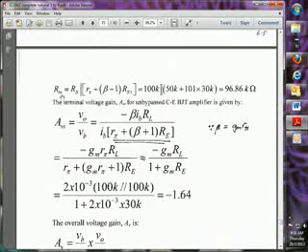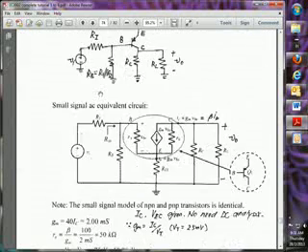Now we will try to find the input resistance. For input resistance, it's just the resistance looking into the input of the transistor, excluding the source resistance. Source resistance is the resistance that is connected to the source. This is the source. When I look inside, I see input resistance.